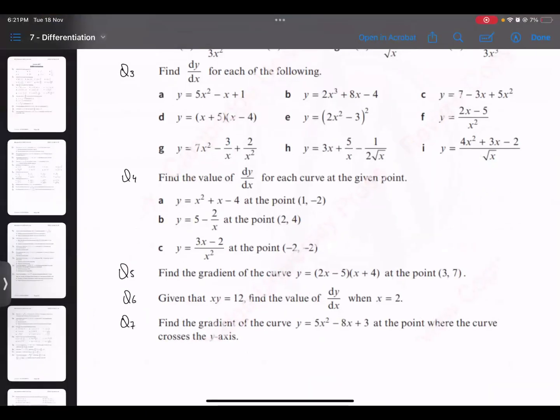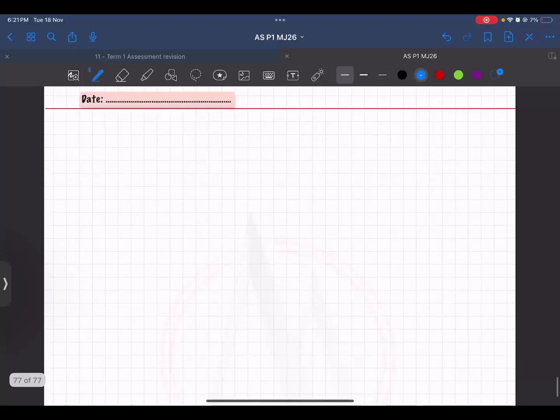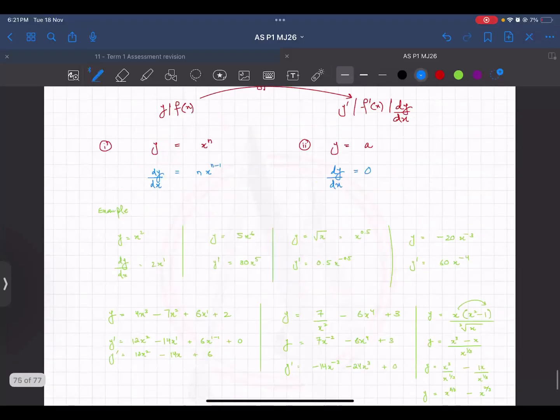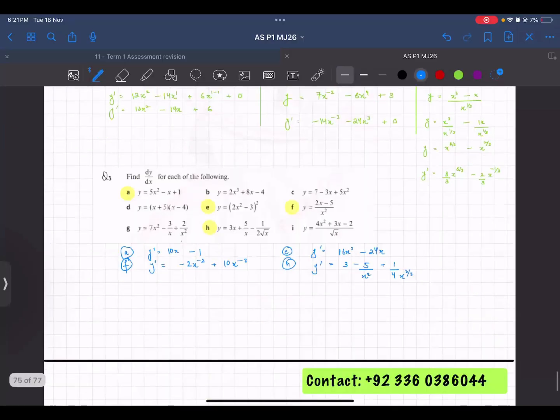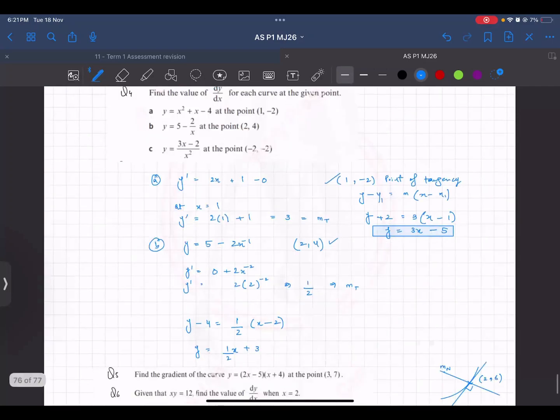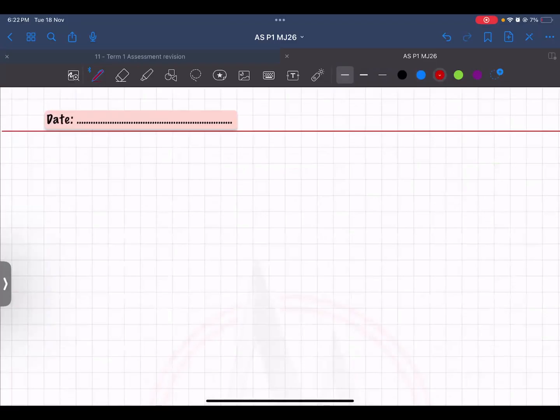Okay, the last formula to learn of differentiation. Now we have done the basics of differentiation, the basic formulas, and now you know what dy by dx is, and how you can get the equation of the tangent and the normal. The last thing for today's class is to learn the last formula.